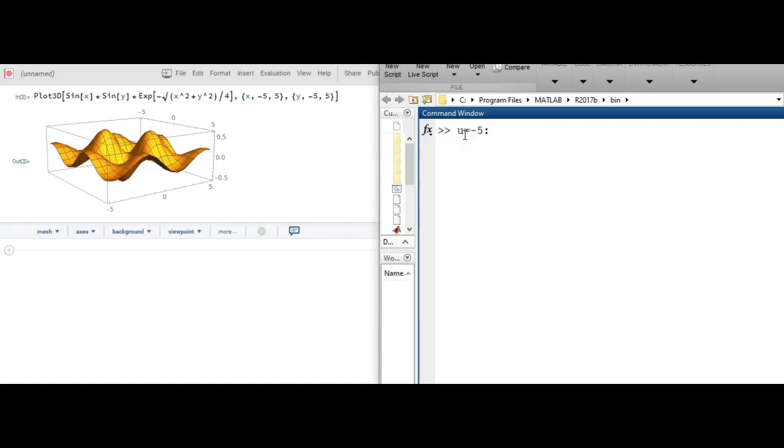Let's take the point interval as 0.2, from minus 5 to plus 5. Then we can make a grid of x and y points in the xy plane with meshgrid.